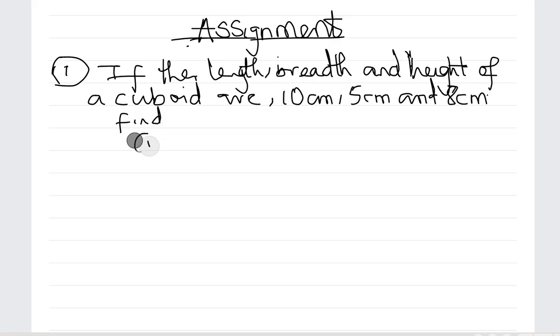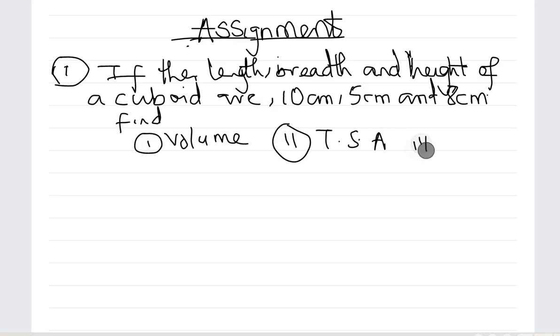Find number 1, the volume. Number 2, you have to find the total surface area, and then number 3, you would also find the perimeter.